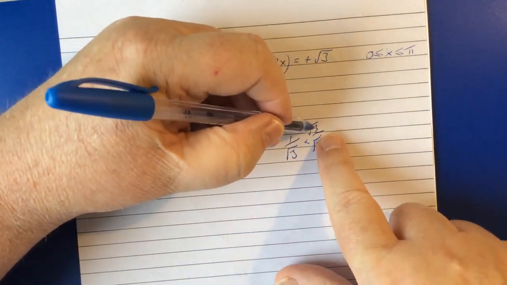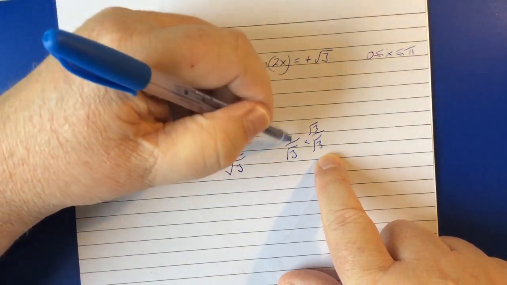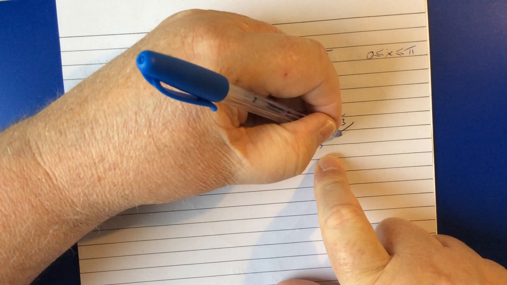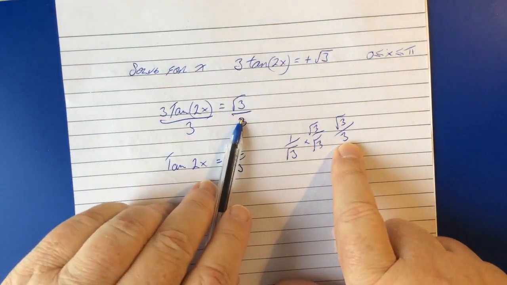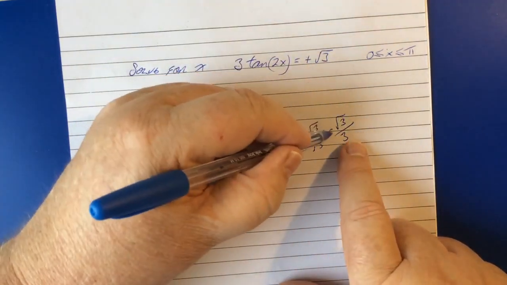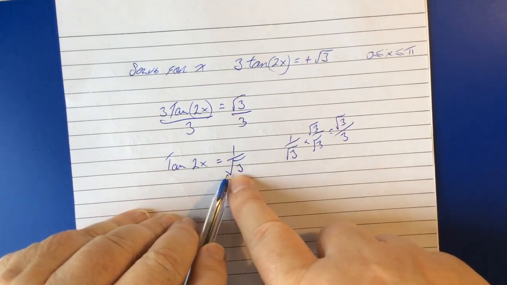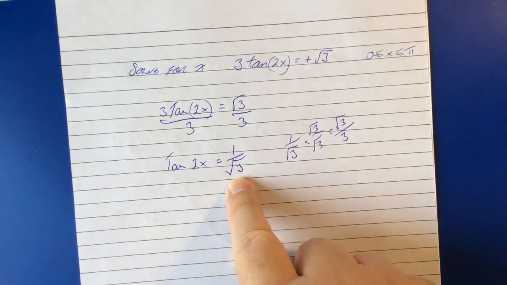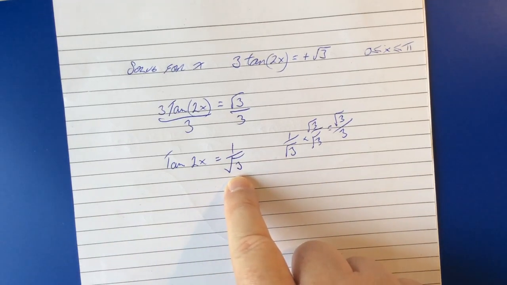So this is 1. Root 3 divided by 3 is 1. So effectively we're multiplying that by 1. And what we get is root 3 on 3, which you see there. Now this, when the denominator is rationalized, is equal to that. But this is the one that we're going to find useful.